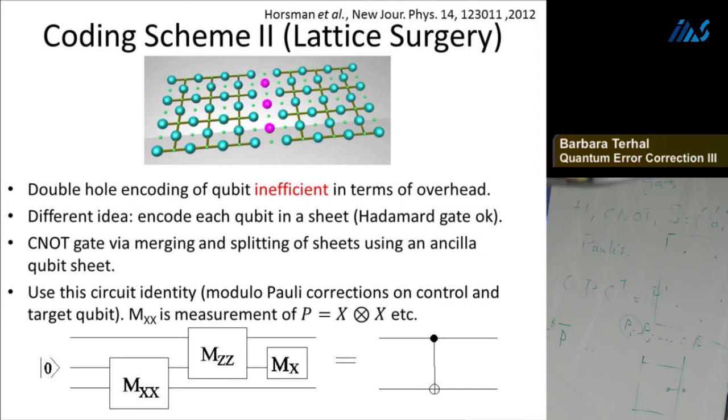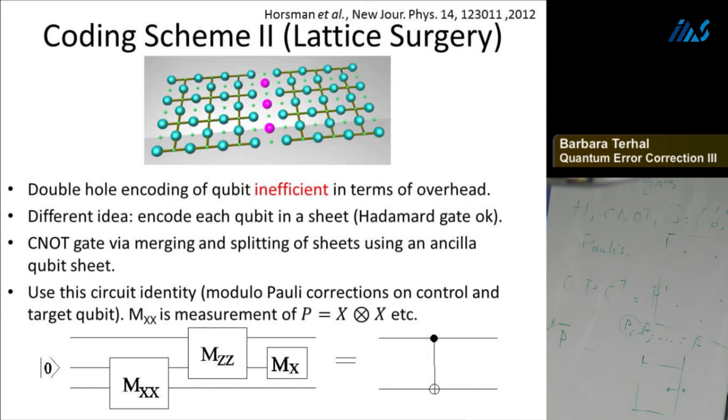I want to do a controlled NOT between this qubit and that qubit, and I'm going to do it by having an ancilla in the state 0 and doing a projective measurement of the XX operator. So I project onto it being a +1 or -1 eigenvalue, and the resulting state. Now, this circuit identity is only correct modulo Pauli corrections on the control and target qubit. So I'm not denoting that here.